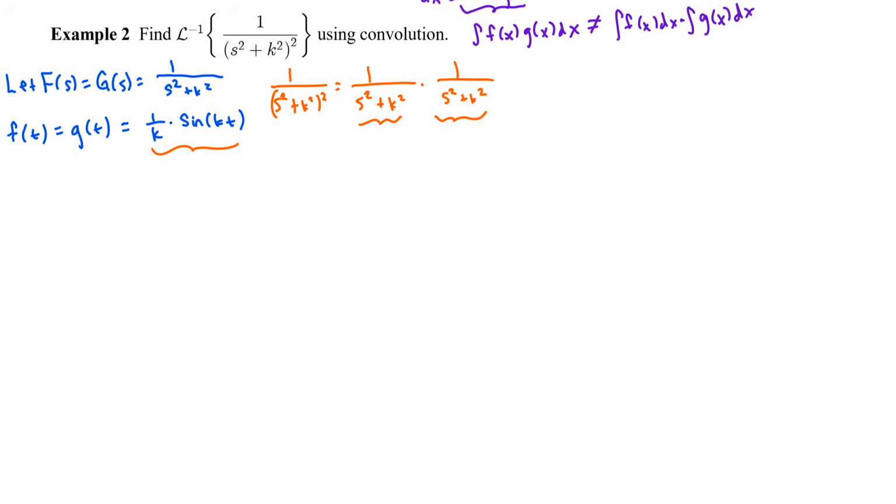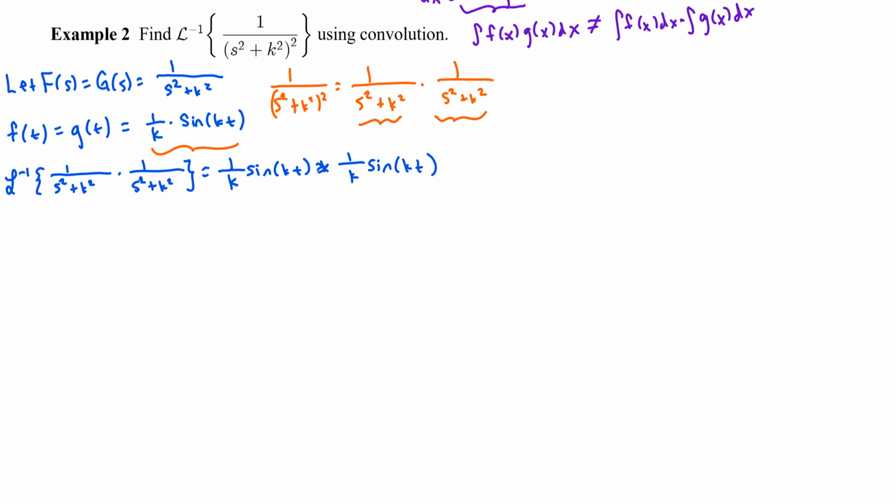Okay, let's write that down so that we are clear where we're going. The inverse Laplace transform of 1 over s squared plus k squared times 1 over s squared plus k squared is going to be the convolution of the individual inverse transforms of each factor. So this is going to be 1 over k sine of kt convolved with 1 over k sine of kt.